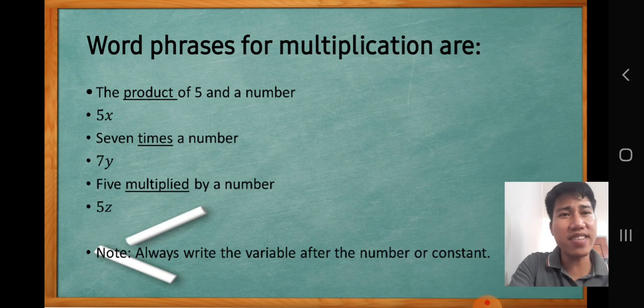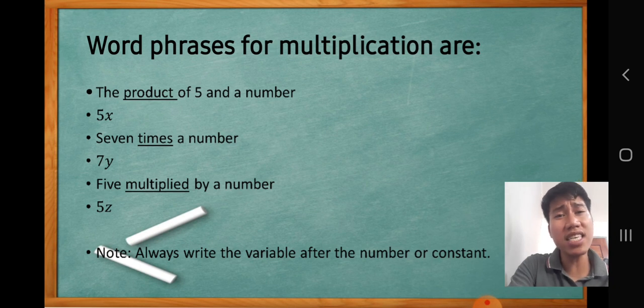Word phrases for multiplication are: the product of 5 and a number, so 5x. Product means multiplication. Then 7 times a number, 7y. Times means multiplication. 5 multiplied by a number, so 5z. Multiplied is multiplication.